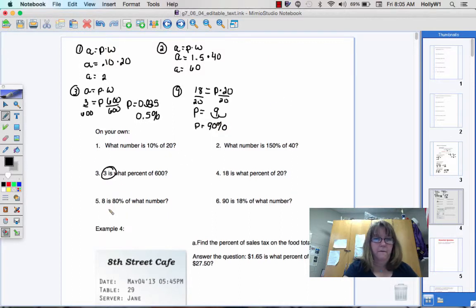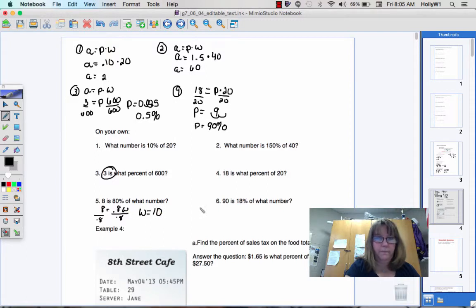Okay, number 5. 8 is 80% of what number? Well, 8 is the part. 80%, I'm going to convert that to be 8/10. Divide both sides by 0.8, and I end up with W is equal to 10.